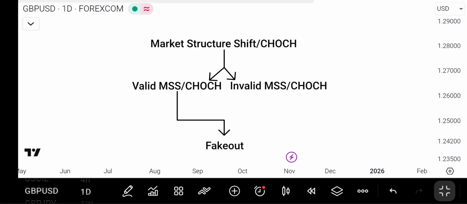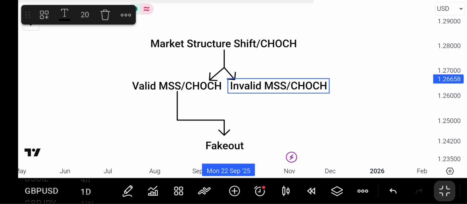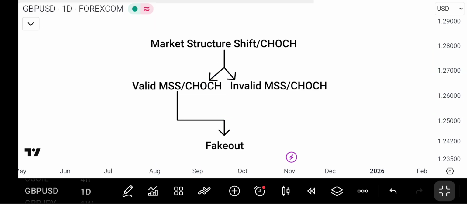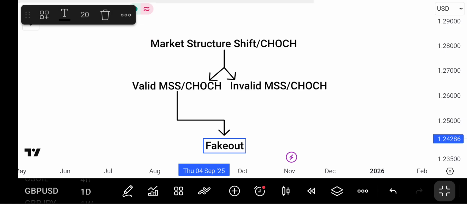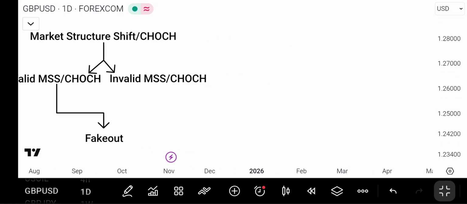And under market structure shifts, we are going to explain what a valid market structure shift is and what an invalid market structure shift is. And under valid market structure shifts, we have what we call a fake out. Alright, so this class will be brief. Let's head straight into what we have today.